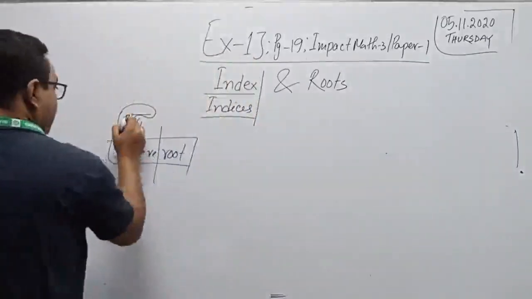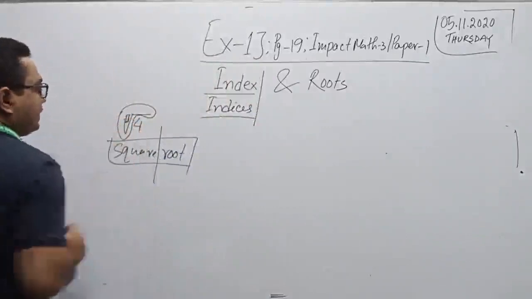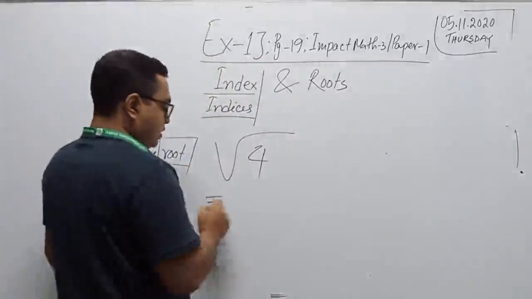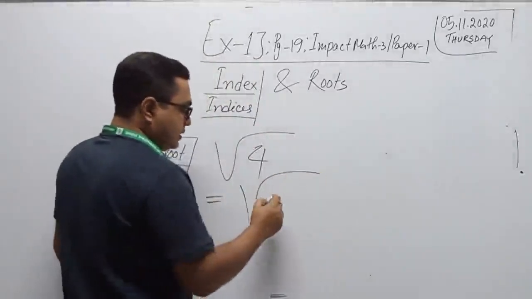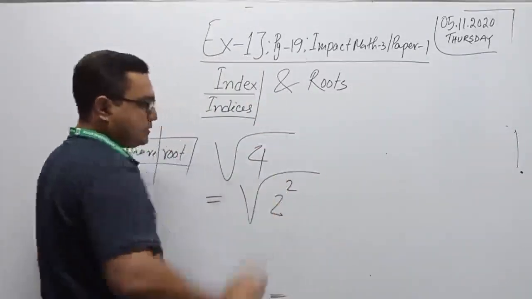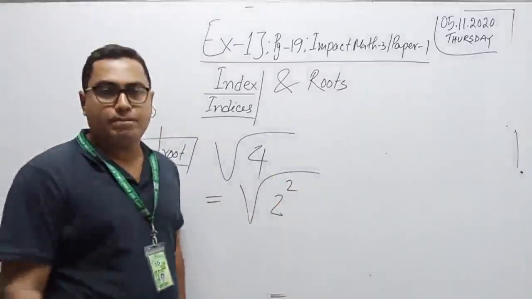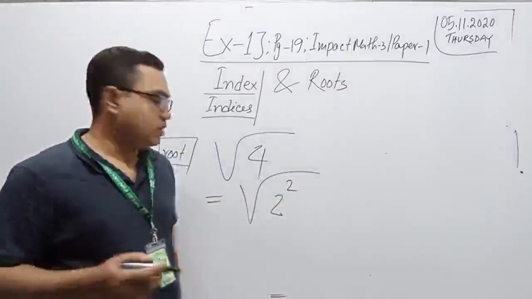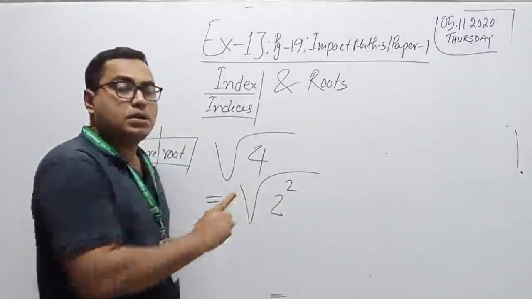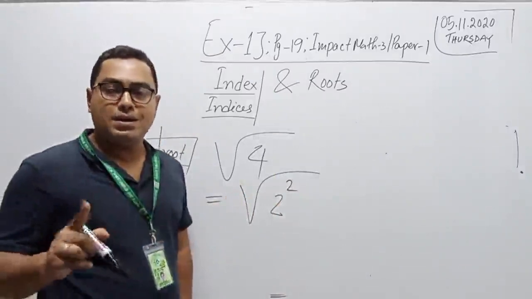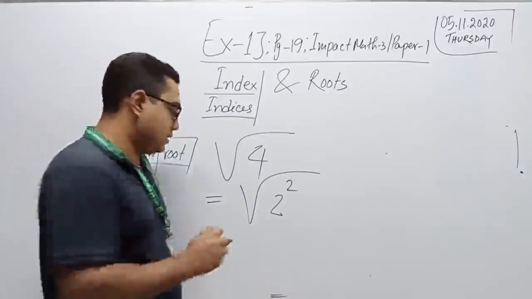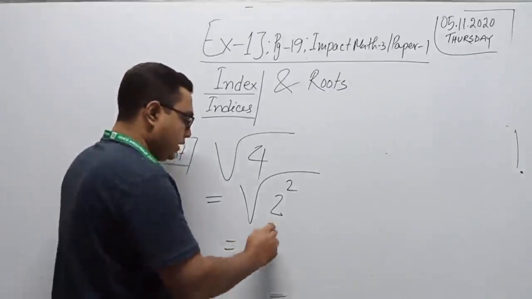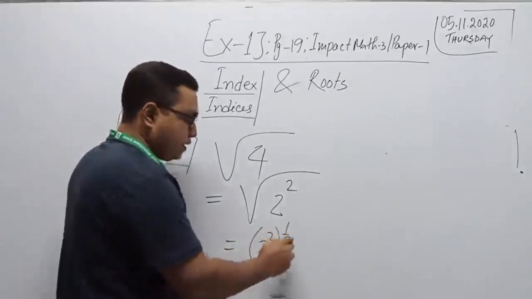If you don't have anything given here, suppose square root of 4, it is written as here. That is also the same thing, because 2 squared is 4. This sign means to the power of half. Suppose 2 squared to the power of half.